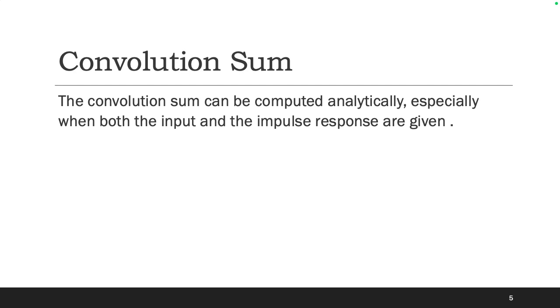You give me the input signal and the impulse response, I convolve those two and get a beautiful representation for the output, am I right? We don't like the complicated. So the convolution sum can usually be computed analytically, especially when both the input and the impulse response are given.